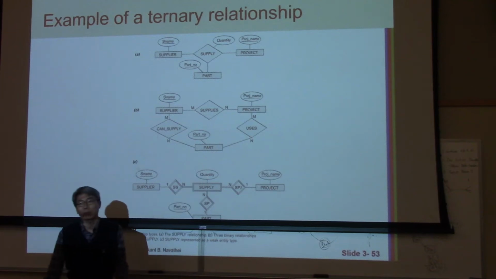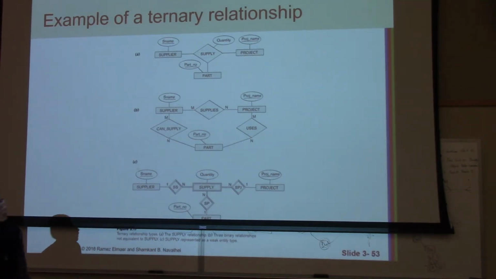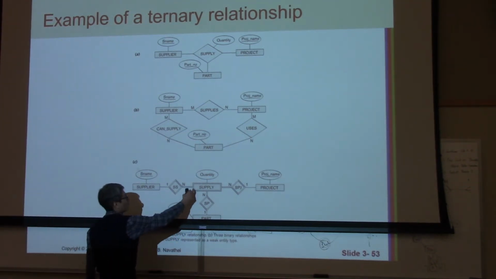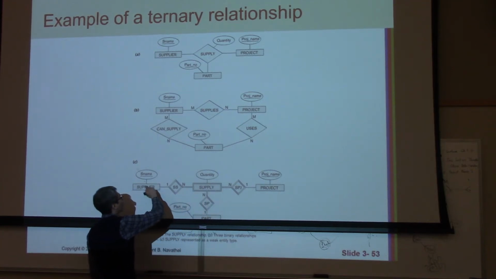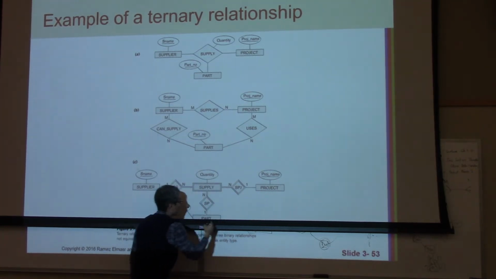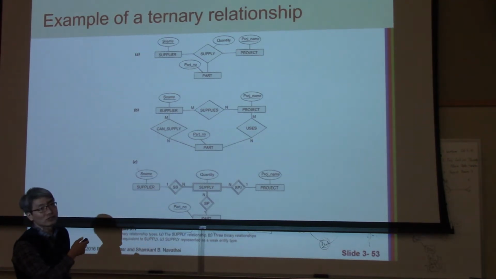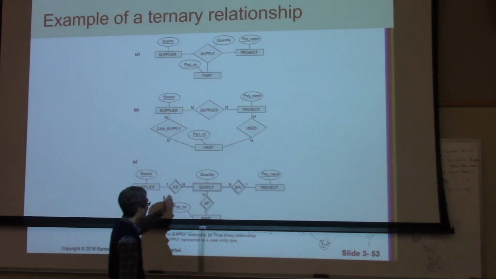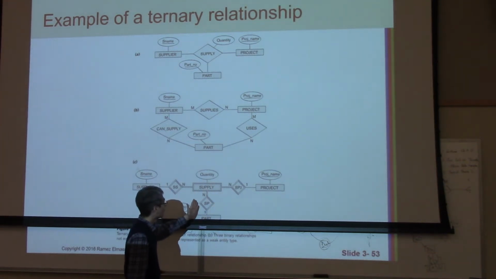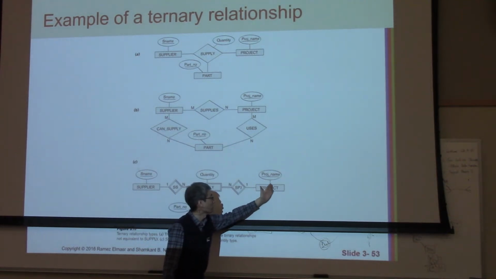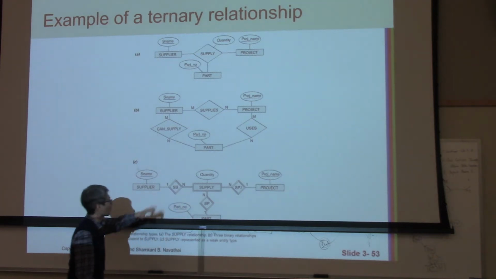At that time, this supply is the weak entity because it will be identified by the supplier, the project, and the part, to keep the same information as this. Otherwise, there might be a supply that will not be in the project, but only the supplier and part.